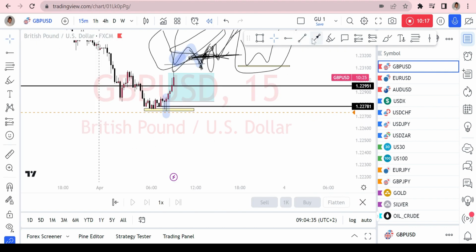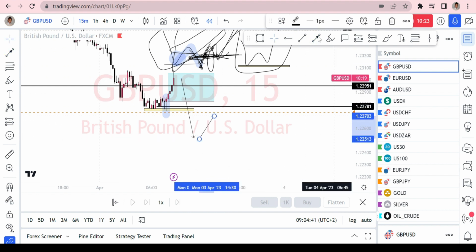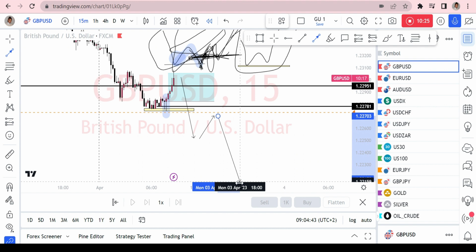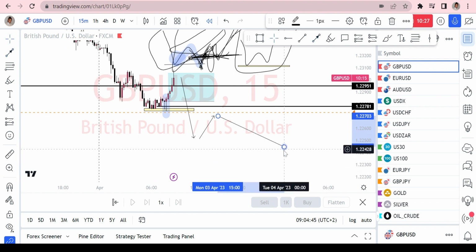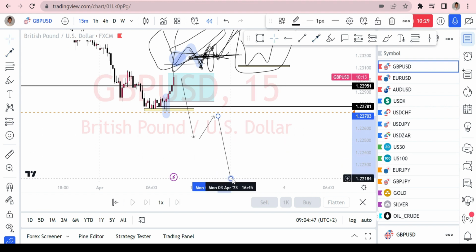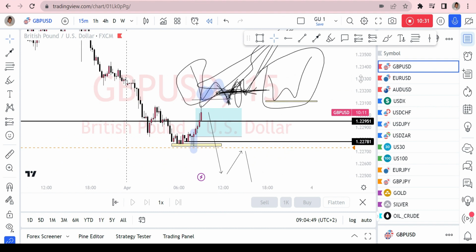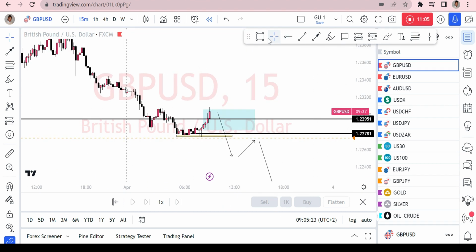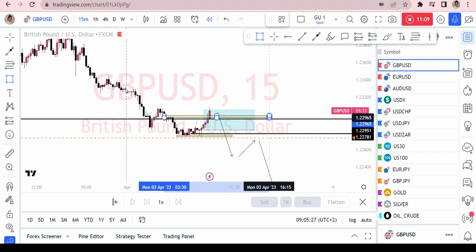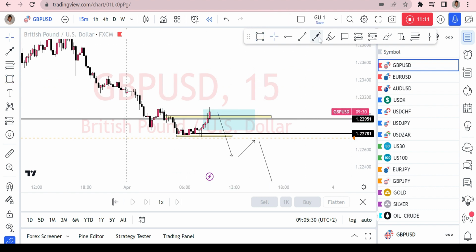So what could happen from now is that market could cross this area, come up to here, retest. This is something that could happen for New York session, come back down. I will be anticipating that. Or another thing that could happen, since market broke that area, this is my neckline, right?